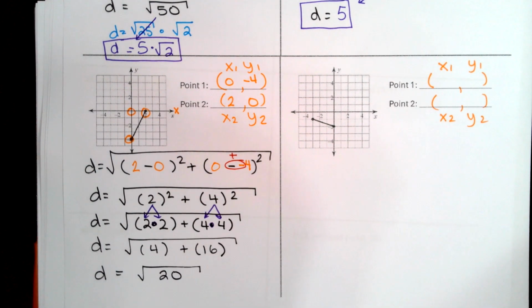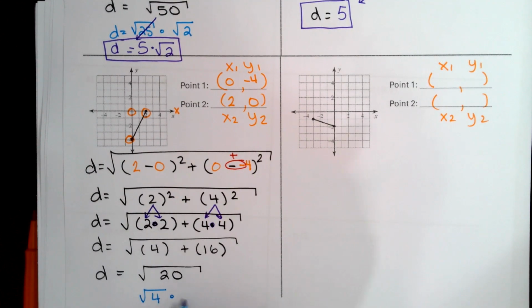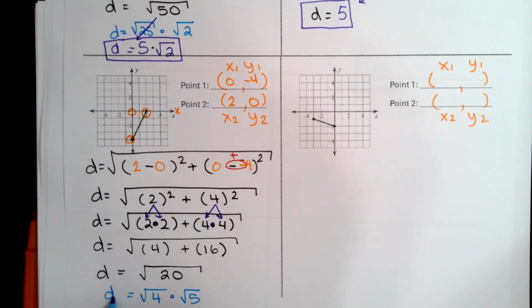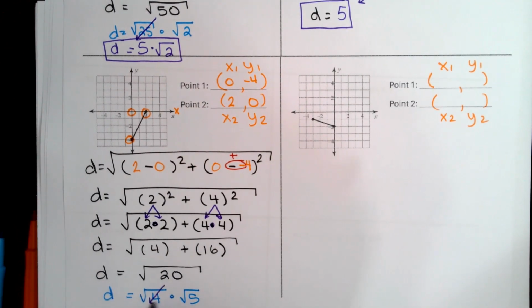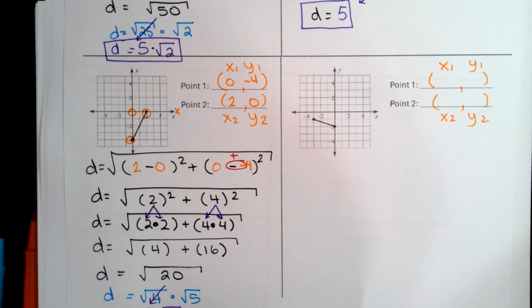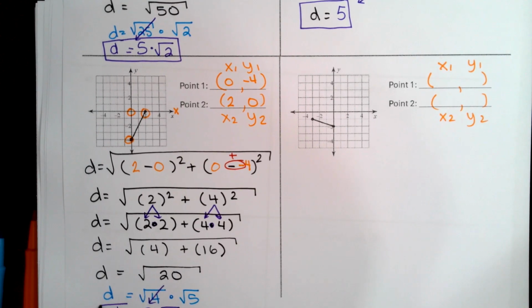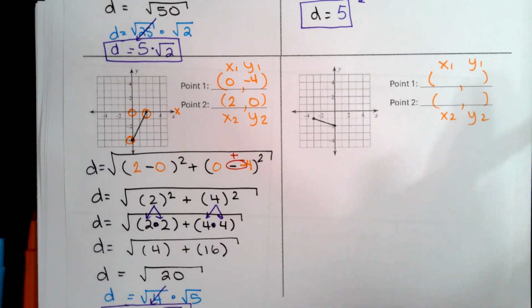We need to break apart 20 to simplify, and we're going to break it apart into 4 times 5, which means that the square root of 4 is 2. The square root of 5 stays. And our distance answer is 2 times the square root of 5.